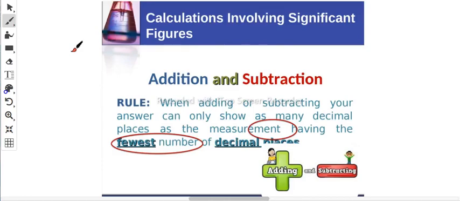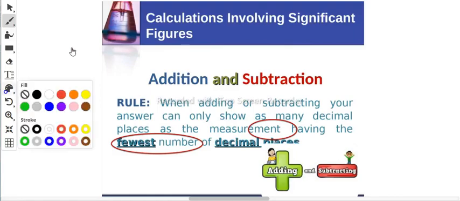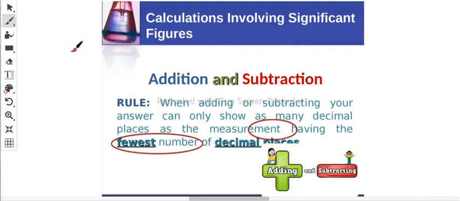So what we're going to start with is so essential and important when applying on calculations. What we're going to learn now is calculations involving significant figures number. Through our calculations in chemistry, we're going to use either addition and subtraction, or multiplication or division.